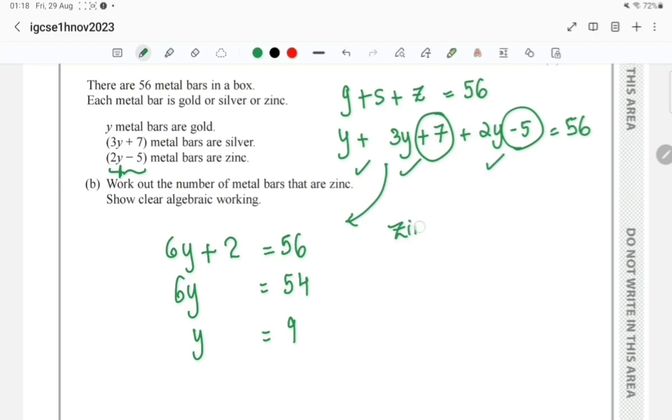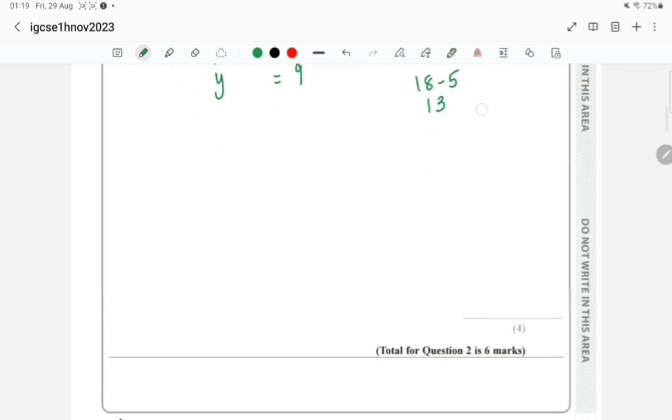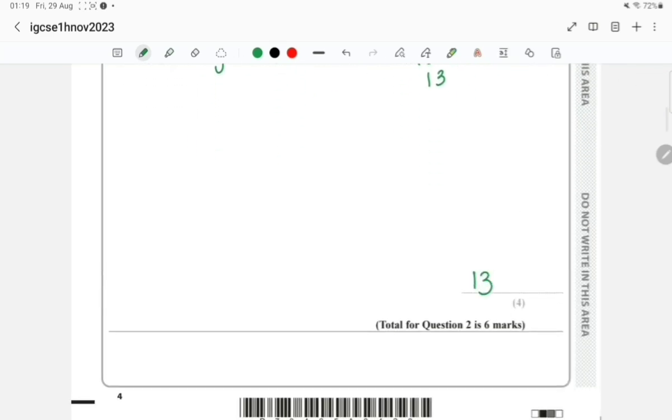The number of zinc bars is 2y minus 5, which is 2 times 9 minus 5, so 18 minus 5, which is 13. So my answer is 13 zinc bars.